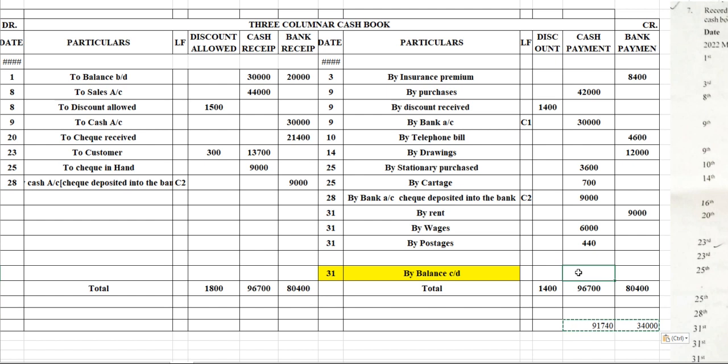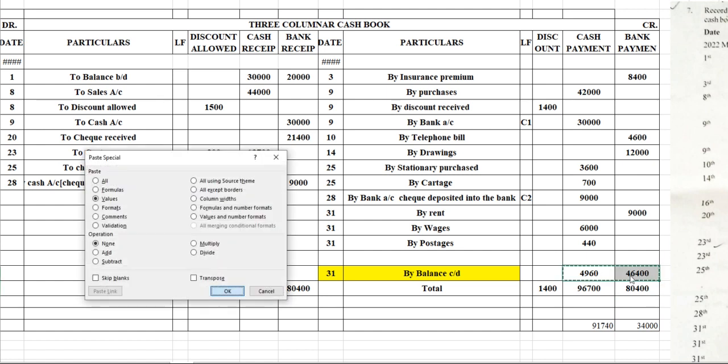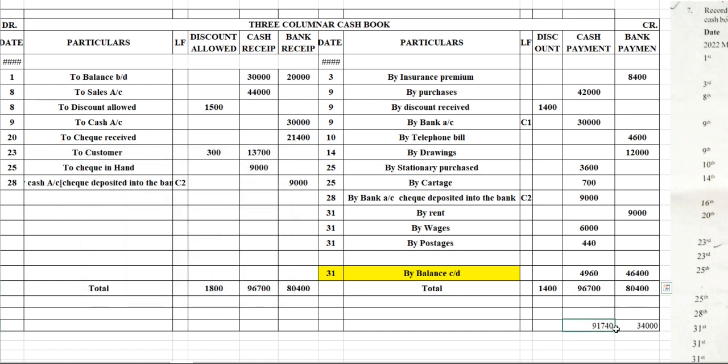So here what is the balance brought down? This minus this is your 4,960. 80,000 minus this is your answer. So 4,960 and 46,400 is your answer for the question.